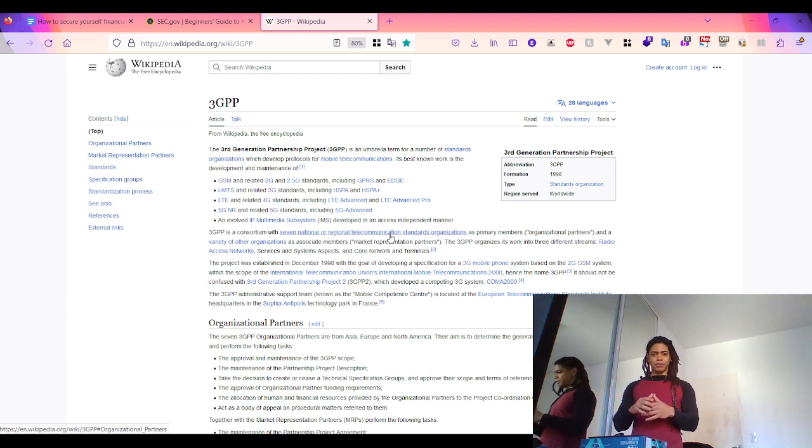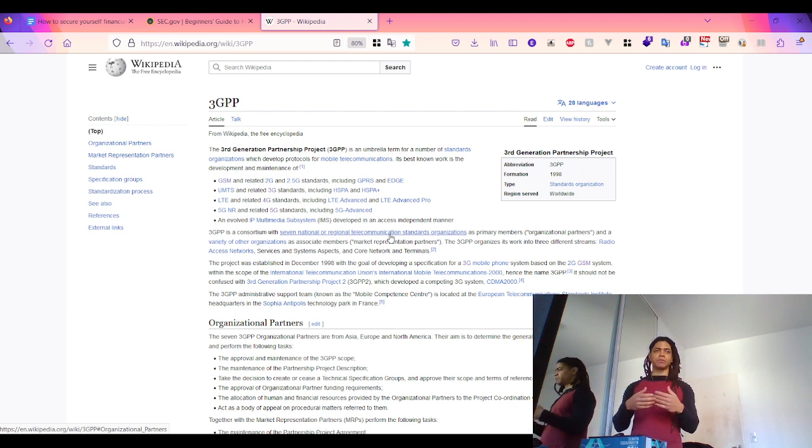Now a lot of companies face problems, especially in communication, so in 1998 they created the Third Generation Partnership Project, an umbrella term for standards organizations, which develops protocols for mobile telecommunication, including their development and maintenance.